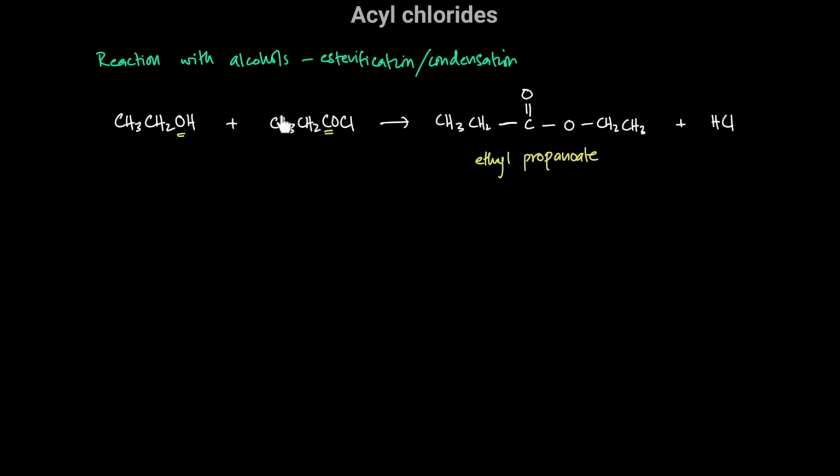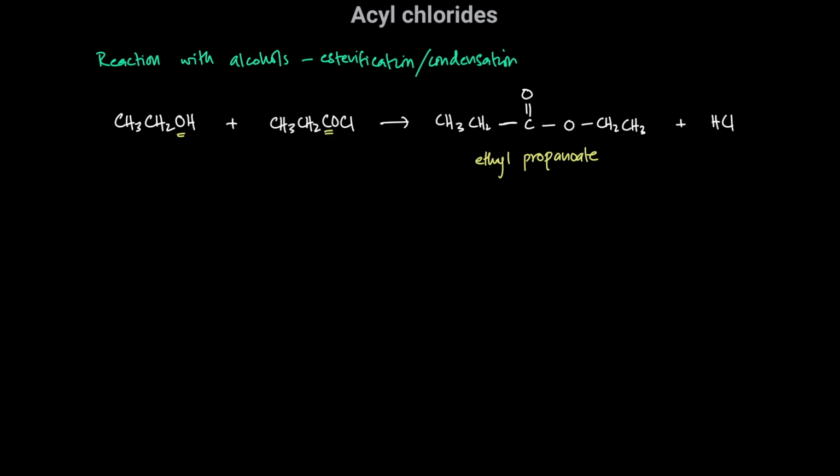They react much more readily with alcohols. So this reaction takes place at room temperature. Because it happens at room temperature, it's not a reversible reaction, and we don't need a catalyst here. So it's much more favorable. Acyl chlorides are much more reactive than carboxylic acids, so this esterification happens in much milder conditions.